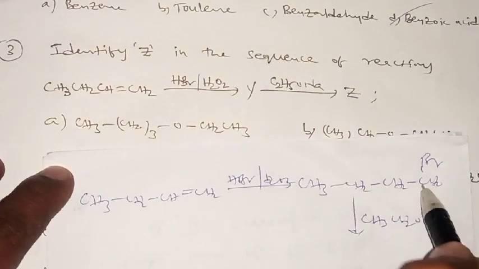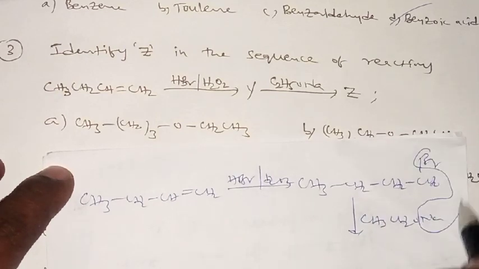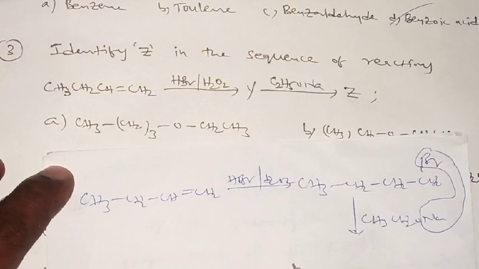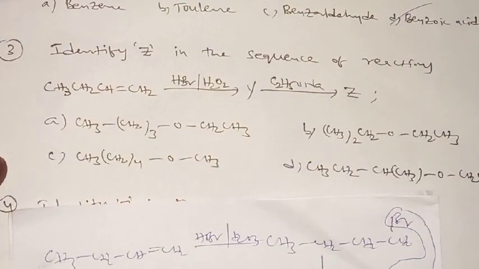This is just RBr, this is RONa. What happened? Bromide and sodium come out as sodium bromide. Then we get the corresponding ether, CH3CH2CH2CH2OCH2CH3. Is it clear? Right.